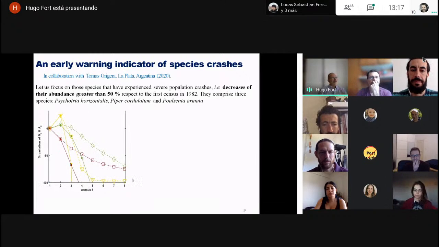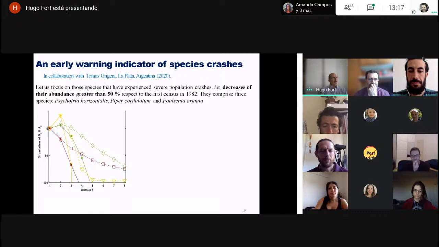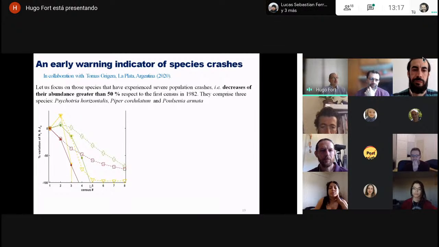Here we have the plot for the same three species, and the dashed lines correspond to the variation in the abundances, and the filled lines correspond to the variation in the intraspecific interaction coefficients.